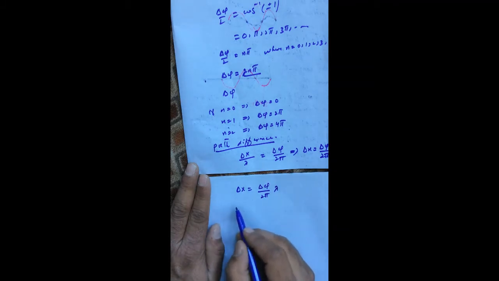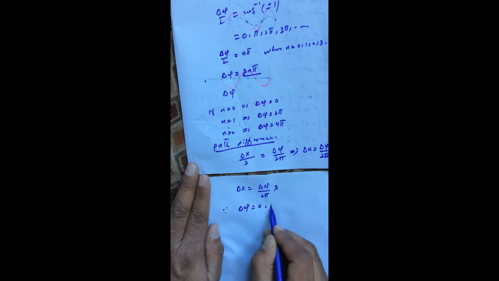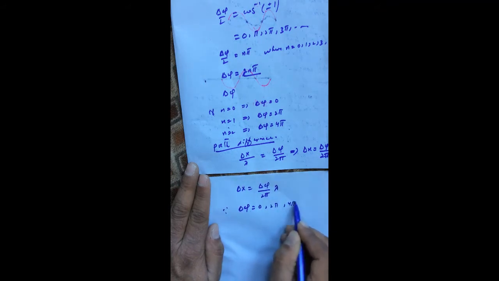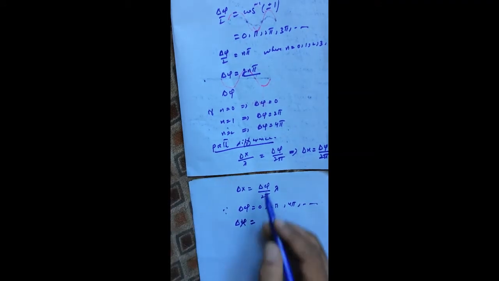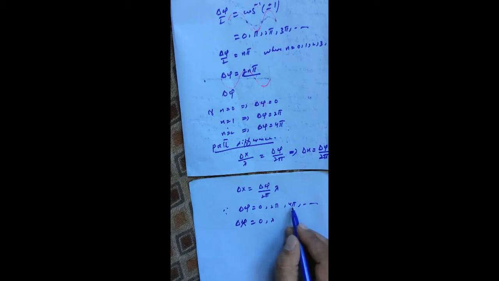Now Δφ for constructive interference will be 0, 2π, 4π and so on. So the path difference Δx will be, if I put 0 here, we have 0. If I put 2π here, then 2π cancels with 2π, so we have λ. If I put 4π here, then we have 2λ.